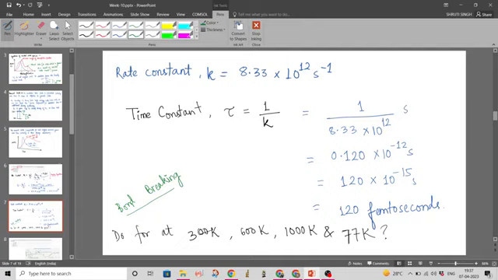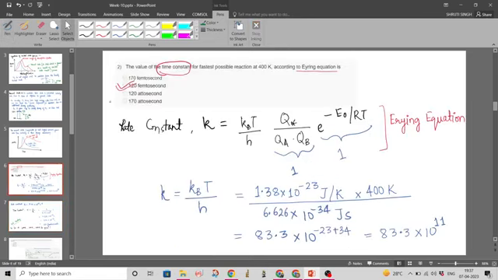So this is the fastest possible reaction. So this is 120 femtoseconds. What is attosecond? Atto is 10 to the power minus 18 seconds.